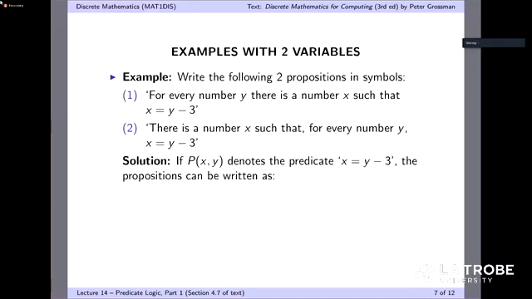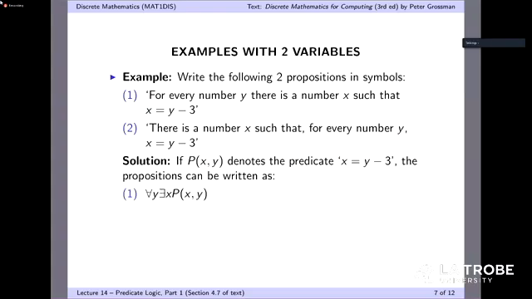There are two variables involved, x and y. So you can write P(x,y) to denote the predicate x is equal to y minus 3. Then you can write the propositions as follows.